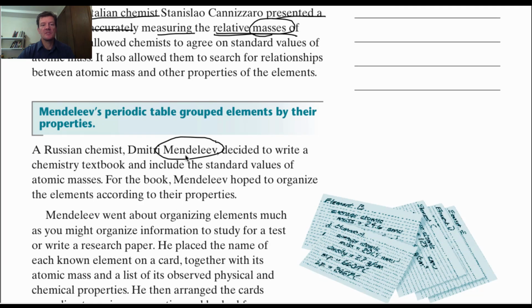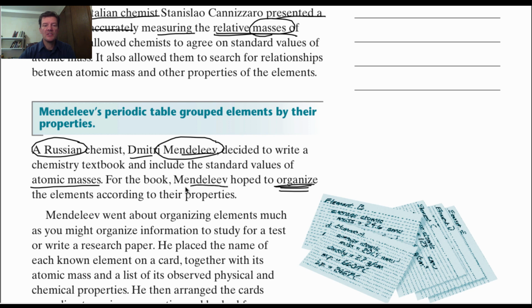So along comes Dmitry Mendeleev. He's a Russian chemist, and he decided that he was going to use the atomic masses of each element to help him organize the elements in a particular fashion.